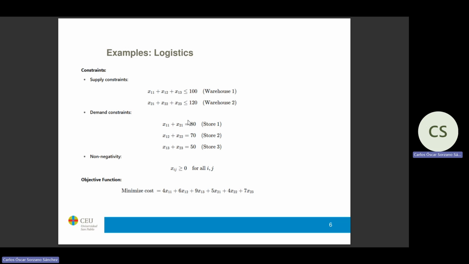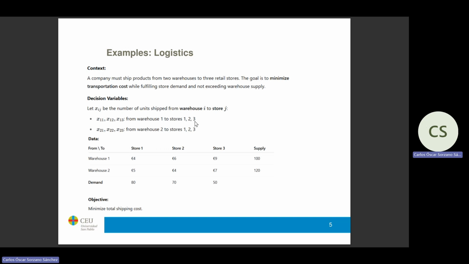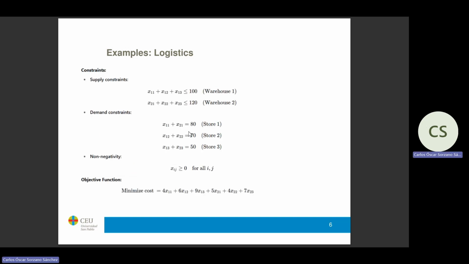So you have to fulfill the demand of each one of the stores. So whatever you send to store 1 has to be 80, because the demand of store 1 was 80. And this has to be 70, 50, and then whatever you send has to be larger or equal to 0, to not admit these negative portions.